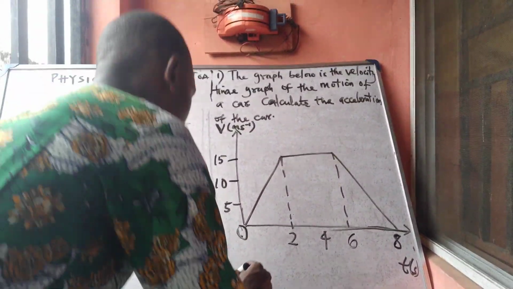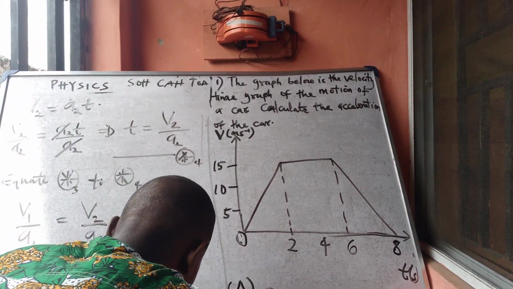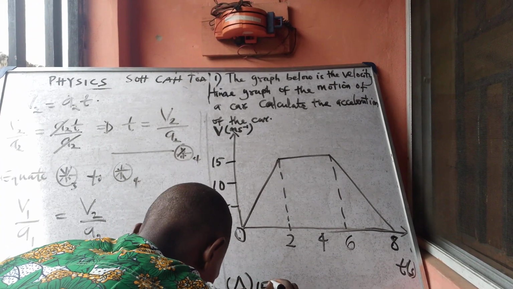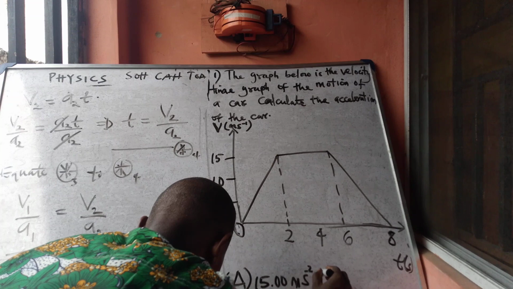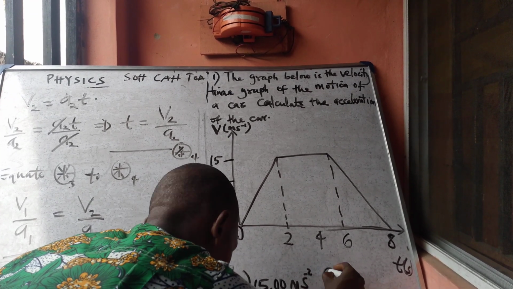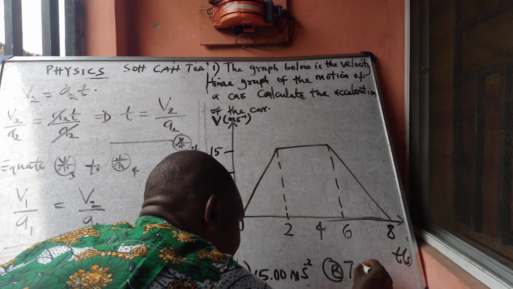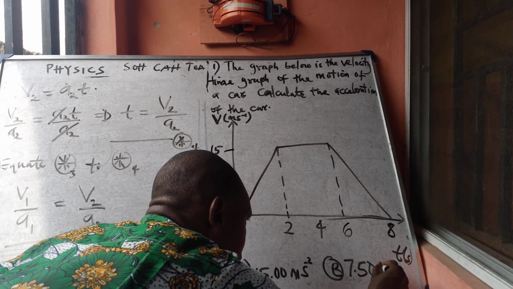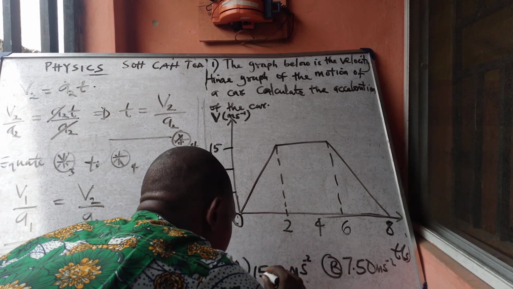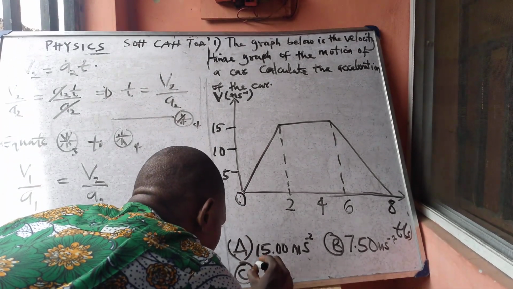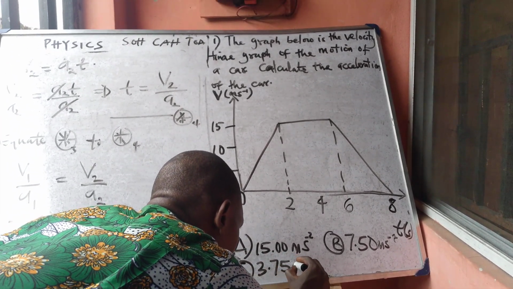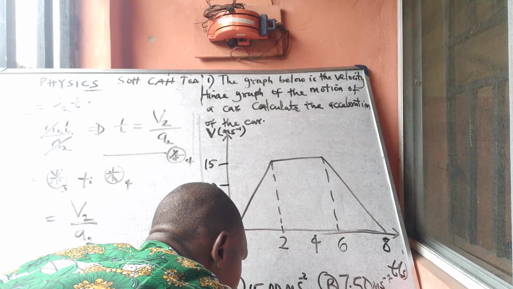Now, what are the options given to us? The options: A, 15.00 meters per second square. B, 7.50 meters per second square. C, 3.75 meters per second square.